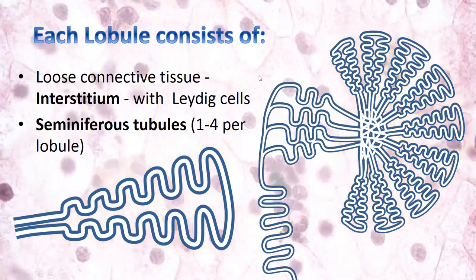So the testis is a gland-like organ or mixed gland which has a reproductive function, or it may be described as a kind of exocrine function. It's production of spermatozoa, if we consider spermatozoa as an exocrine product.